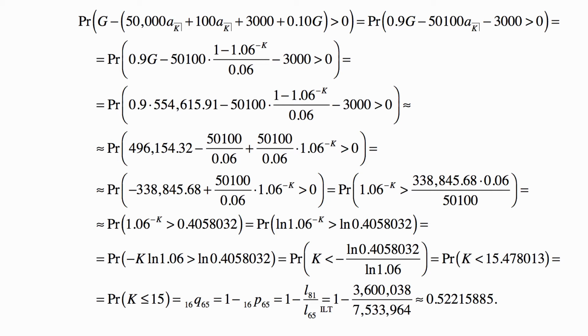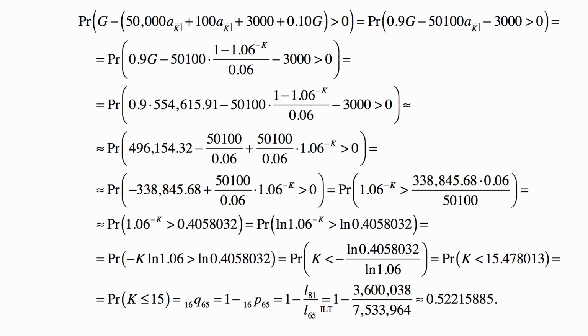And now what we do is we move the negative 338,000 and some to the right hand side, and then divide both sides by the number that is in front of 1.06 to the minus k. And then all these numbers are on the right hand side.